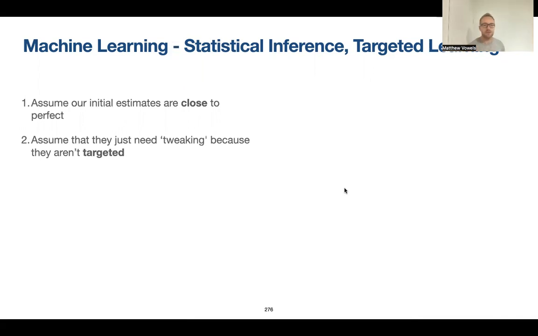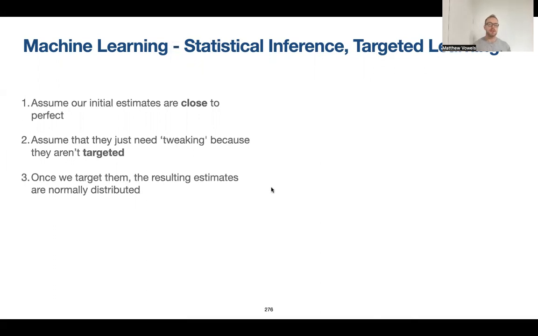You're not targeting your model. You haven't got an objective that directly corresponds with your objective as a researcher. And so the idea is, well, if our objective is relevant, but it's not exactly what we want, then we just need to move it back on track. So it's not targeted, but it's close. And then once we target it, the resulting estimates, as a consequence of some statistical theory, are normally distributed. So then we get our statistical inference out.